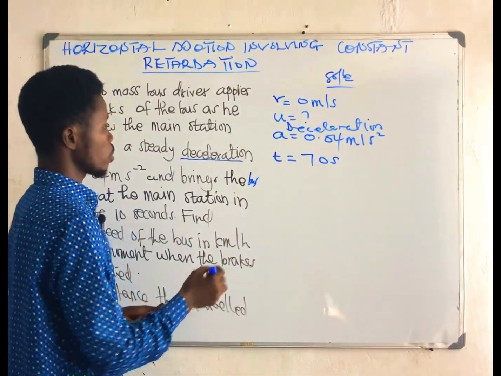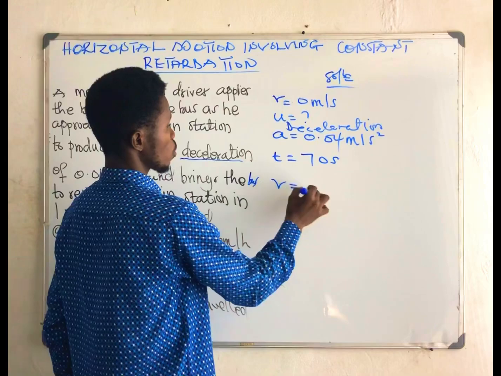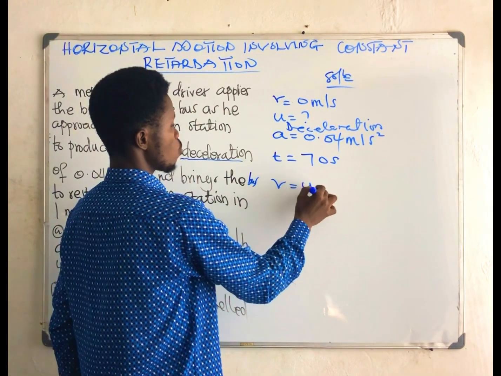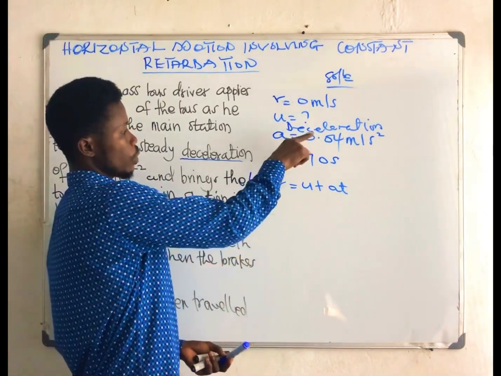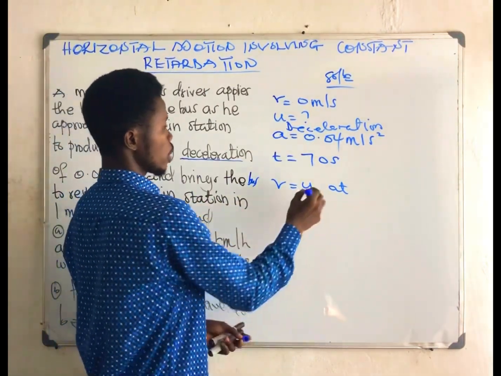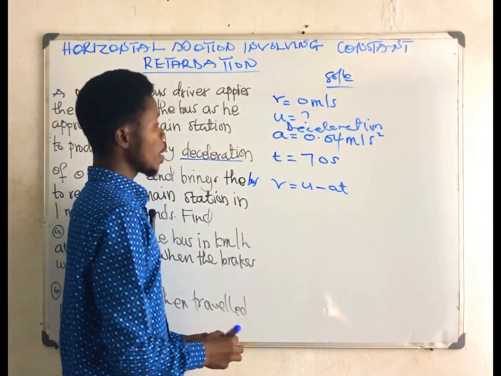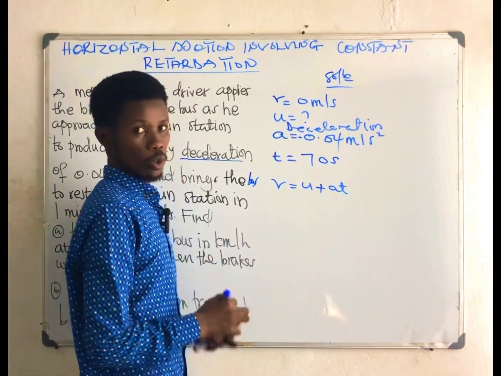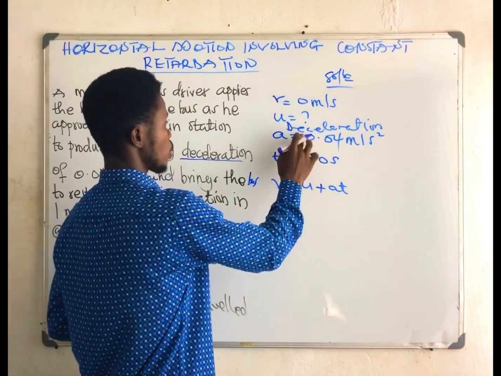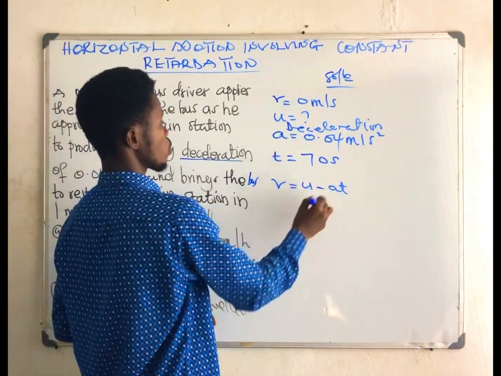Now, you know that if I use V equals U plus at, I'll get it, right? But because we are talking about deceleration, the formula here becomes negative. Is that okay? If you maintain your plus here, then you should negate this because it's deceleration. So I want to use this one.